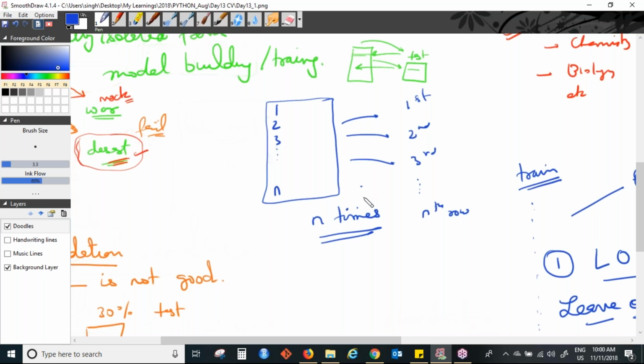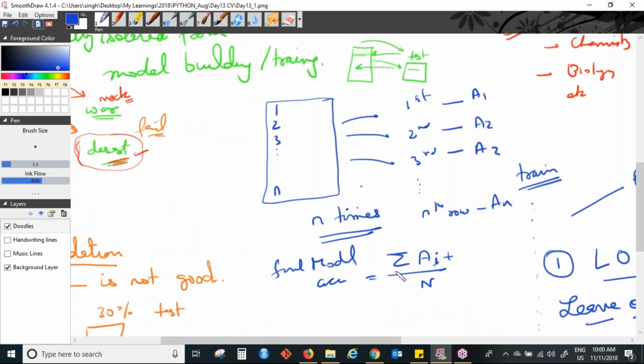You calculate the accuracy, so you will get accuracies at every place, right? So let's say you get A1, A2, A3, and you will get AN. Your final model accuracy is the average of all of them, summation of Ai divided by N.